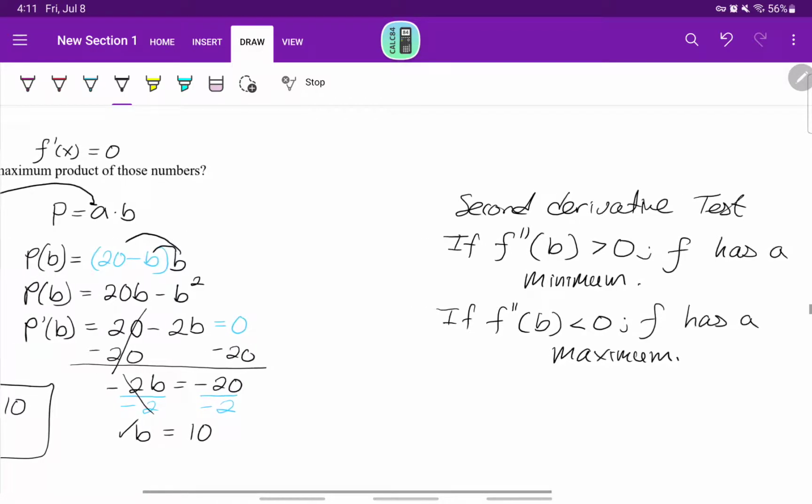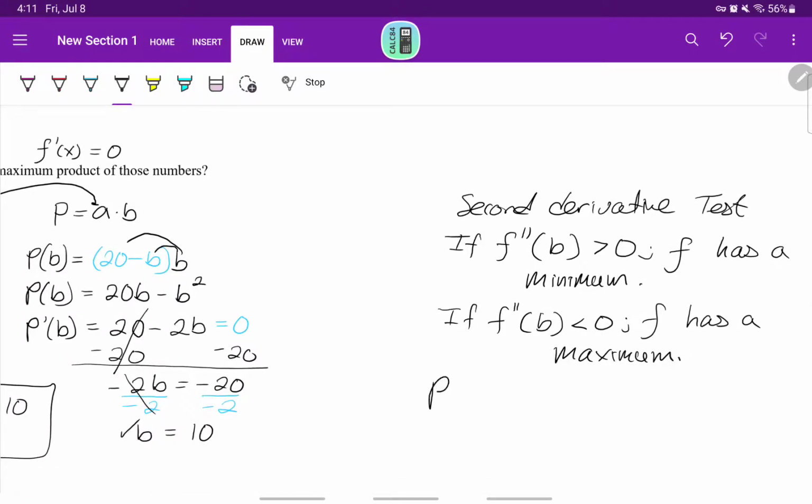Our first derivative, P prime of B, was equal to 20 minus 2B. Let's take our second derivative. The derivative of 20 is 0, minus the derivative of 2B, which is 2.